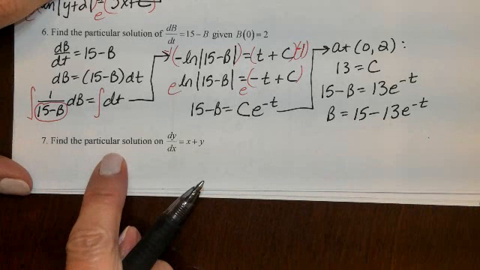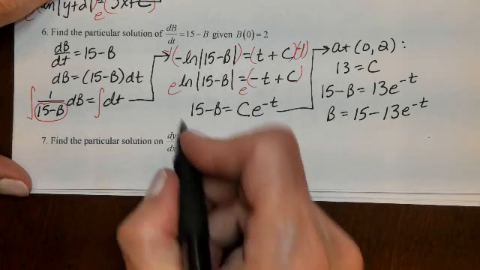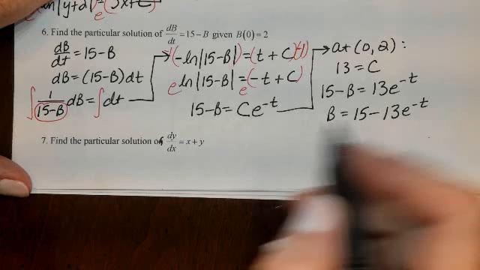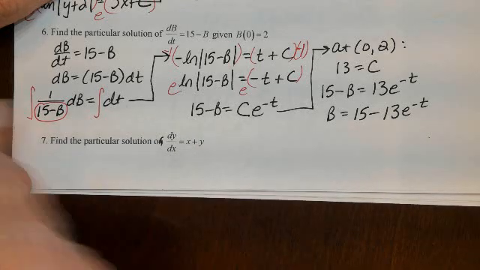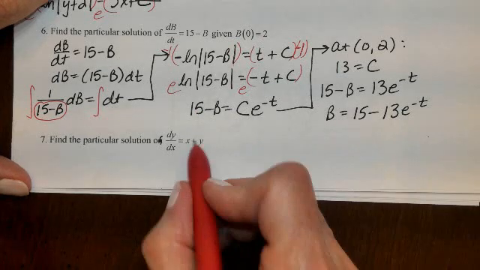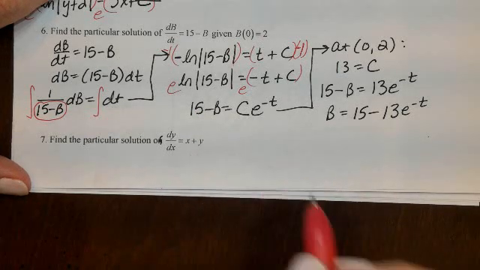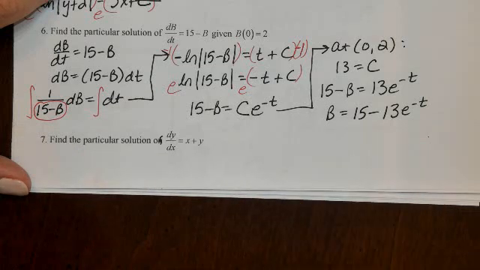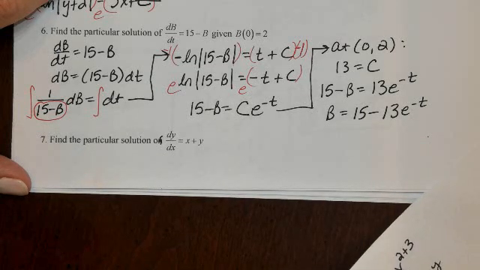Number 7. Find the particular solution of, that should be an f, this differential equation. Take a look at it. How do we separate it? You'll probably tell me to subtract y on both sides. That can be a problem, like we found out in this other example.